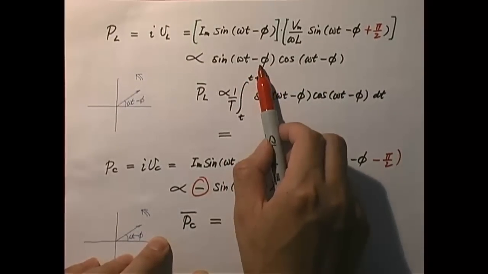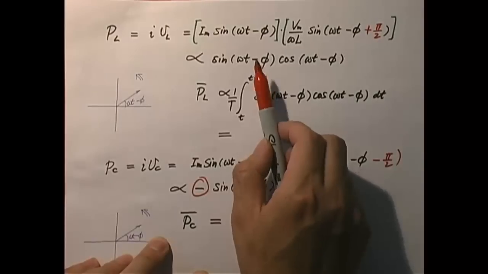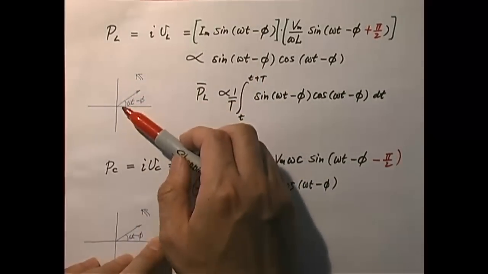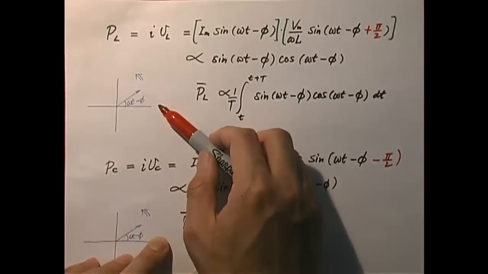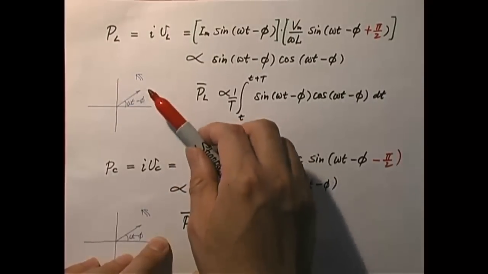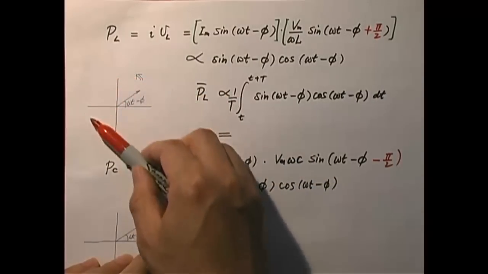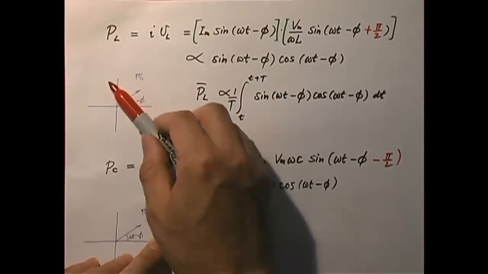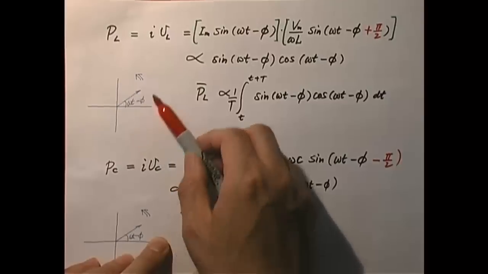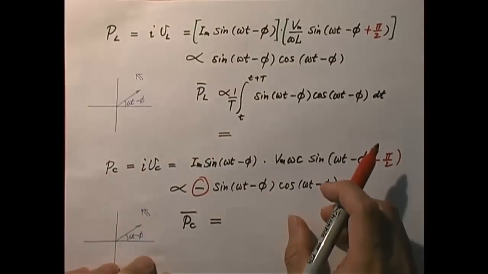Now, you know omega t minus phi is an angle that changes over time, right? In fact, if I plot a vector which makes an angle of omega t minus phi with the reference axis, then as time goes by, this vector will rotate with an angular speed of omega. So it's going to go through the first, second, third, and fourth quadrant while completing the whole cyclic motion.